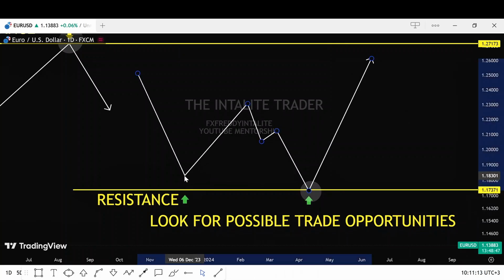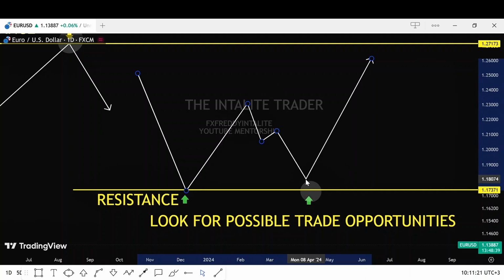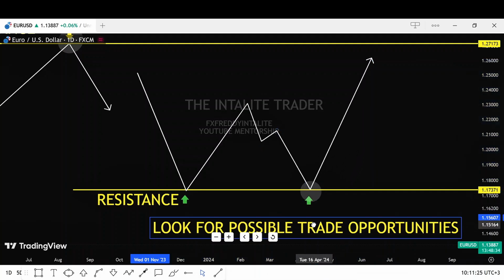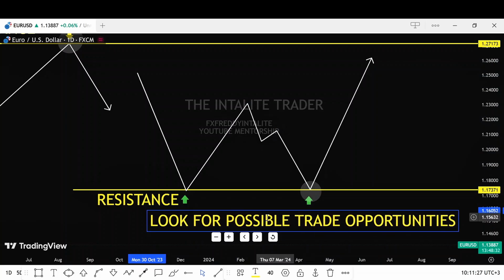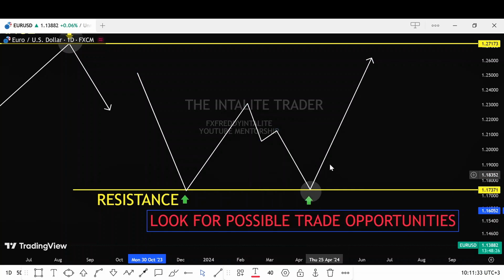So first price came into this level, it created a resistance and then traded away. When price comes back into the same area or zone, you look for these trade opportunities to go long and trade with the momentum.